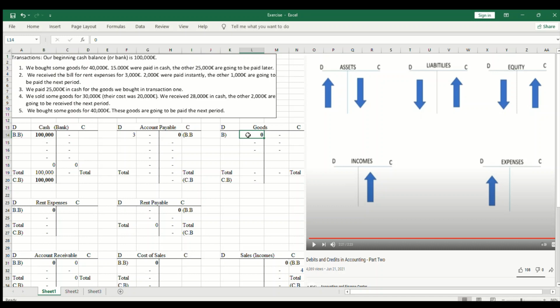So goods are assets. As we see in the rule here, assets are increased on the debit side and decreased on the credit side. So when we buy goods, of course we have more goods now than we had before. So in the first transaction we have to increase goods by 40,000 euros.